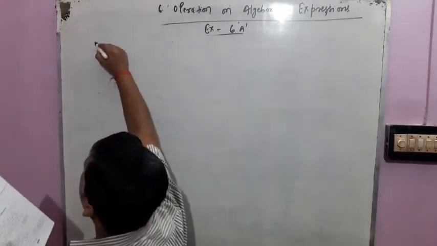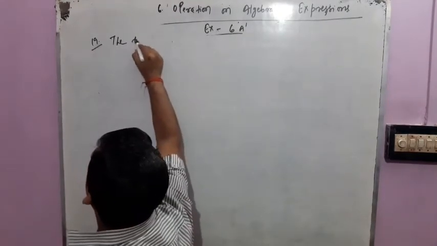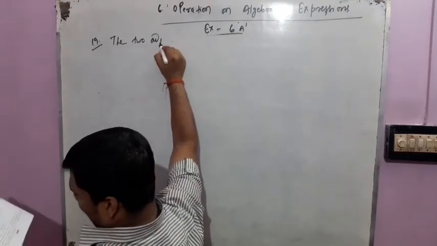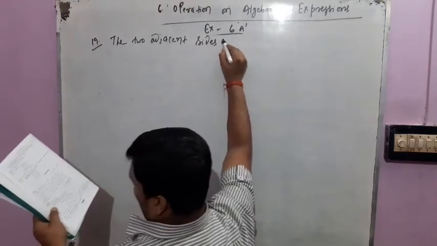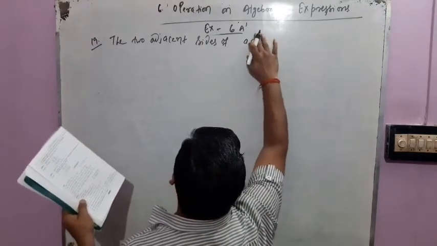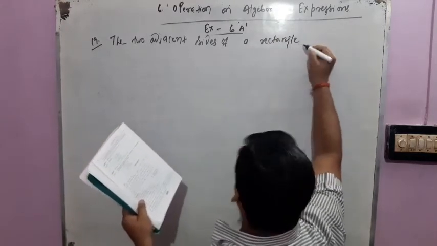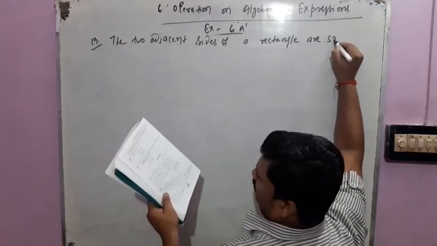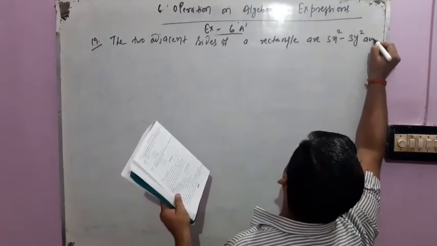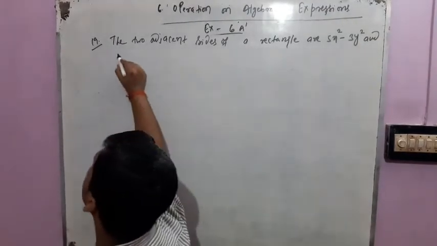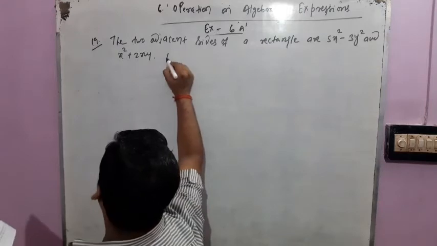In question number 19, students, it is given that the two adjacent sides of a rectangle are 5x square minus 3y square and x square plus 2xy. Find the perimeter.